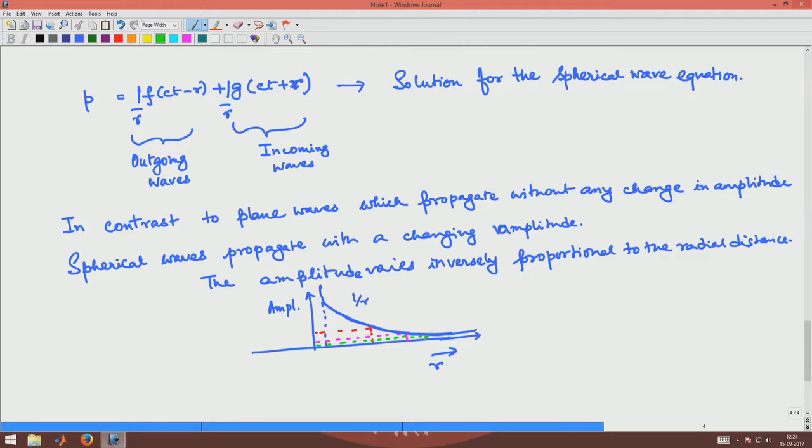So, once your baseline is already far away, going a little farther away does not create much of a perceptual difference in terms of perception of sound.